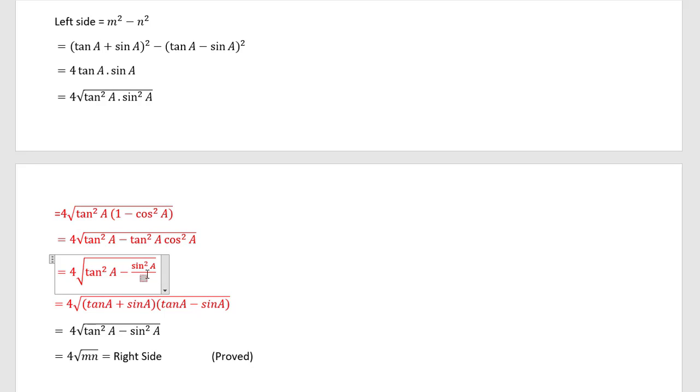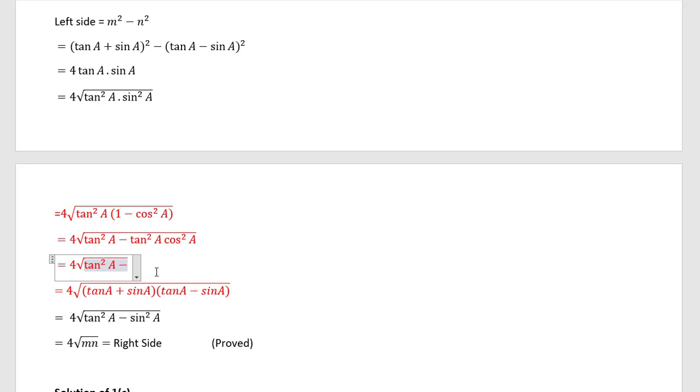You will get tan square a minus sin square a. You will get only tan square a into sin square a. So whenever you get tan square a minus sin square a, you are able to apply the a plus b into a minus b formula with tan a plus sin a into tan a minus sin a here.